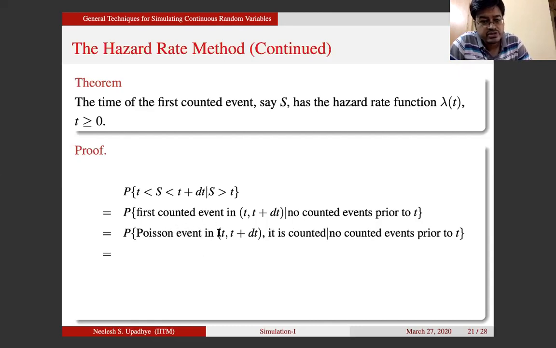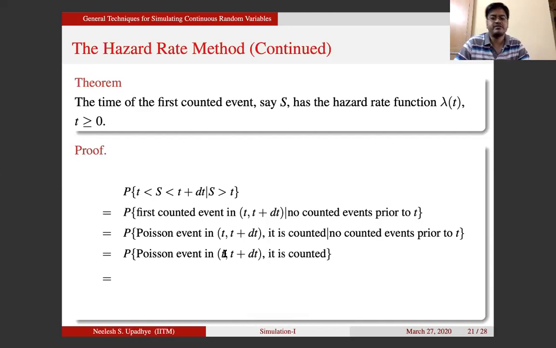Therefore, given that the Poisson event happens in t plus delta t and it is counted, the condition that no events prior to t are counted is invalid due to the memoryless property. That means what I will worry about is that the Poisson event happens in the interval dt. The t doesn't have any significance. Or you can simply replace this by 0 to dt, and it is counted.